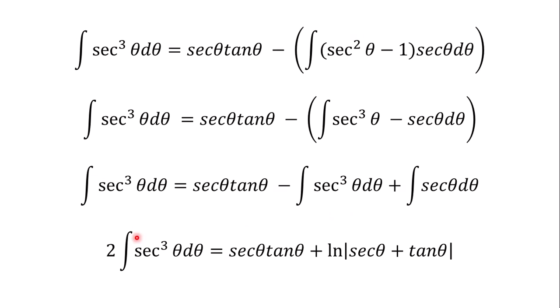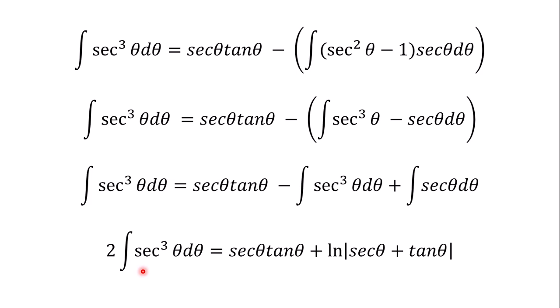So this one here is actually the same thing as the one that we just started integrating, that is 2 multiplied by the integral of secant theta raised to the third power d theta, isn't it?